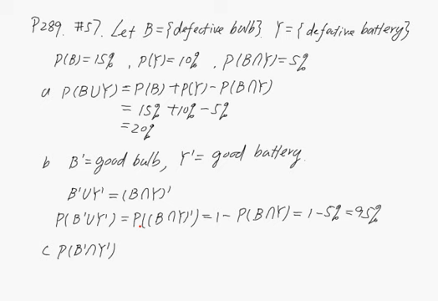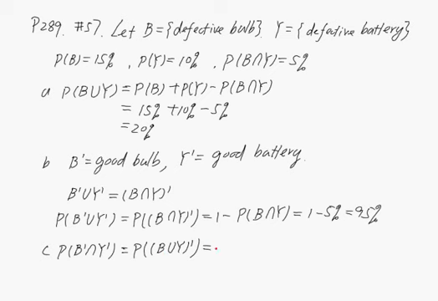If I use De Morgan's law, what is B prime intersection Y prime in terms of B and Y? It is the complement of B union Y. By one of De Morgan's laws, the intersection of the complements is equal to the complement of the union.